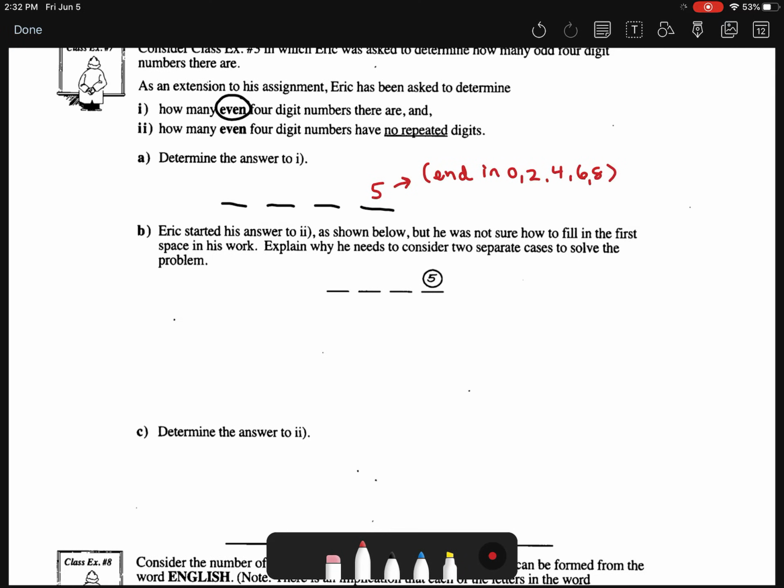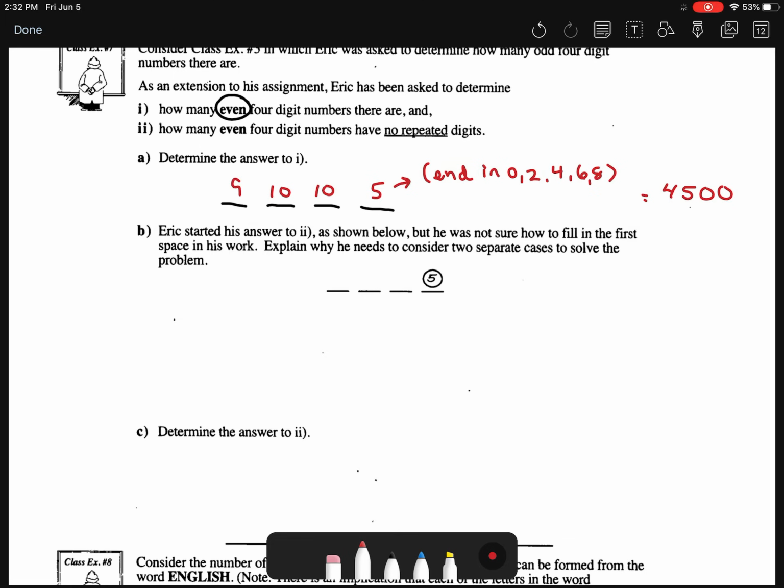Okay, so there are 5 choices there. Now, there are 9 choices that I can start with because it can start with any digit, but it can't start with 0. And then the 2 middle choices, there would be 10 for each of those. Okay, so again, 9 times 10 times 10 times 5, that will also be 4,500 total choices. So that one's pretty straightforward.